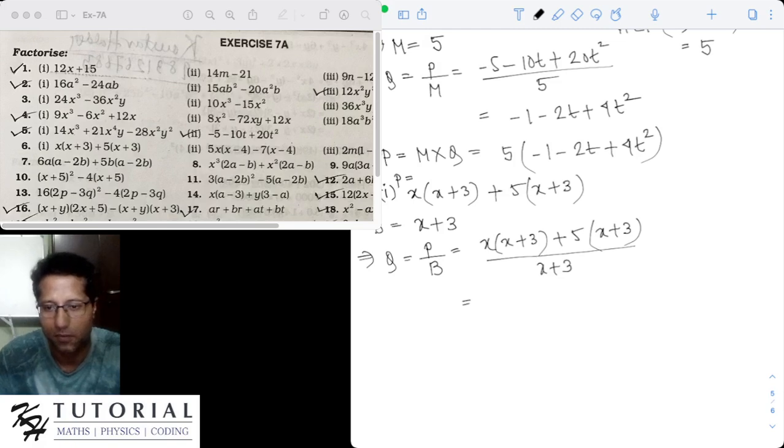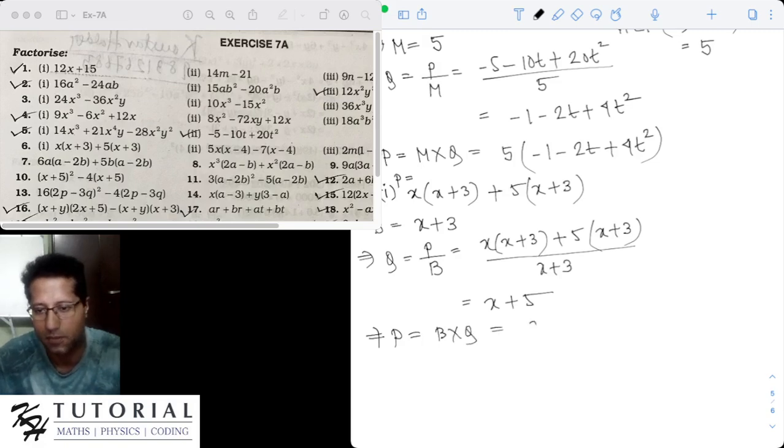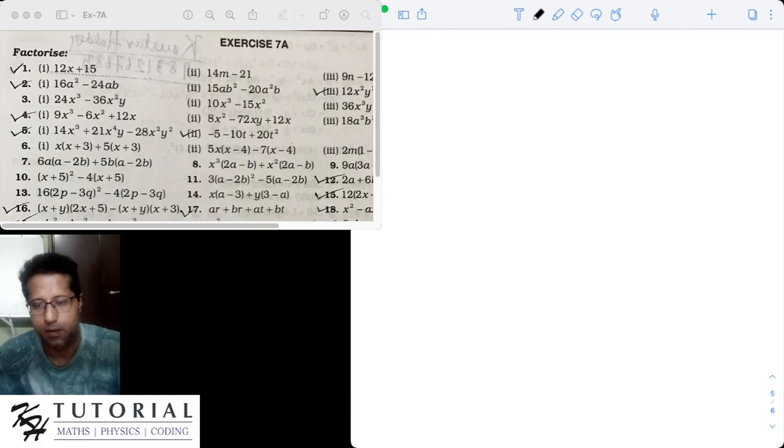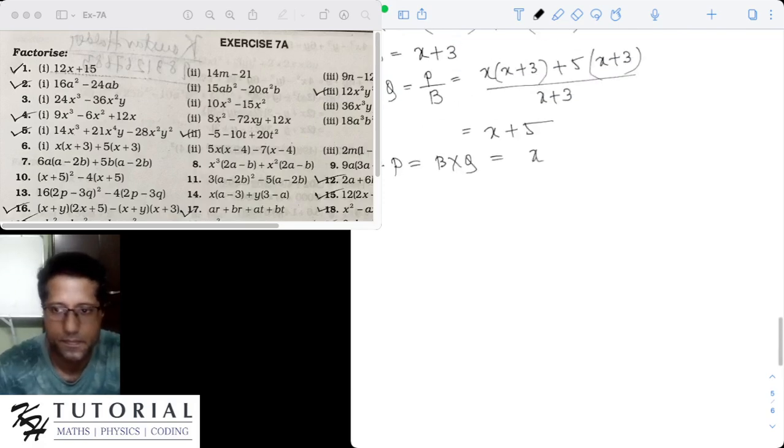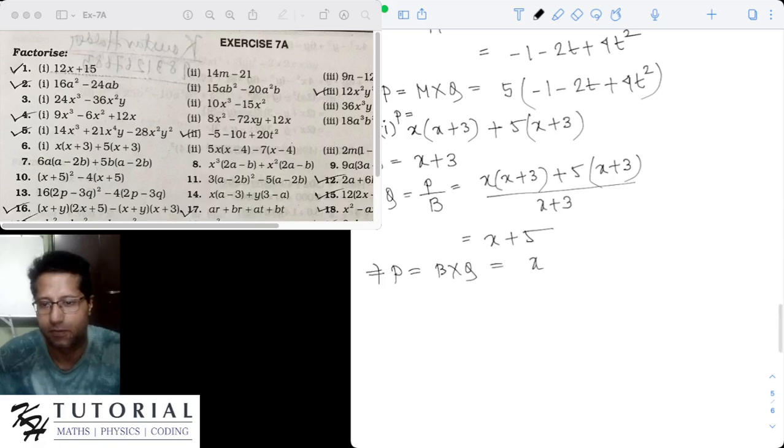So this is equal to x + 5. This implies the factorization of p will be equal to b into q, which is equal to, b was x + 3 and q is x + 5.